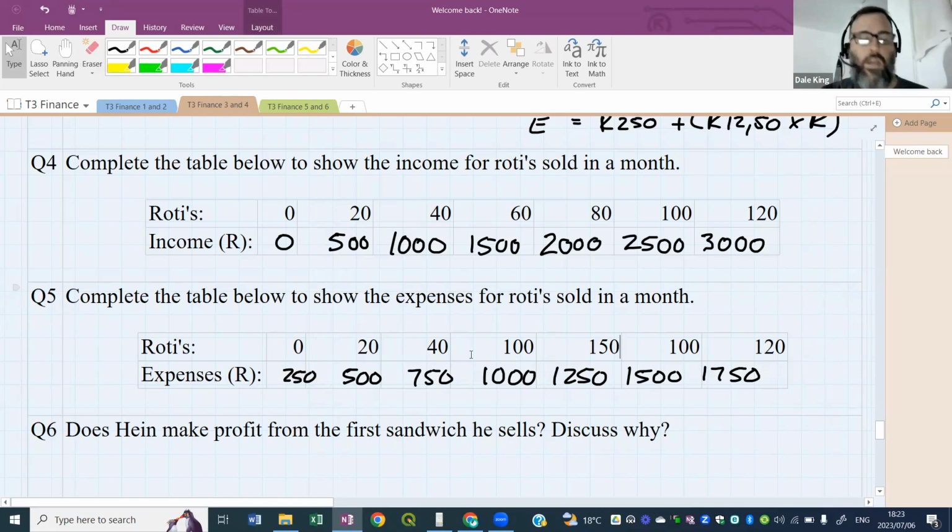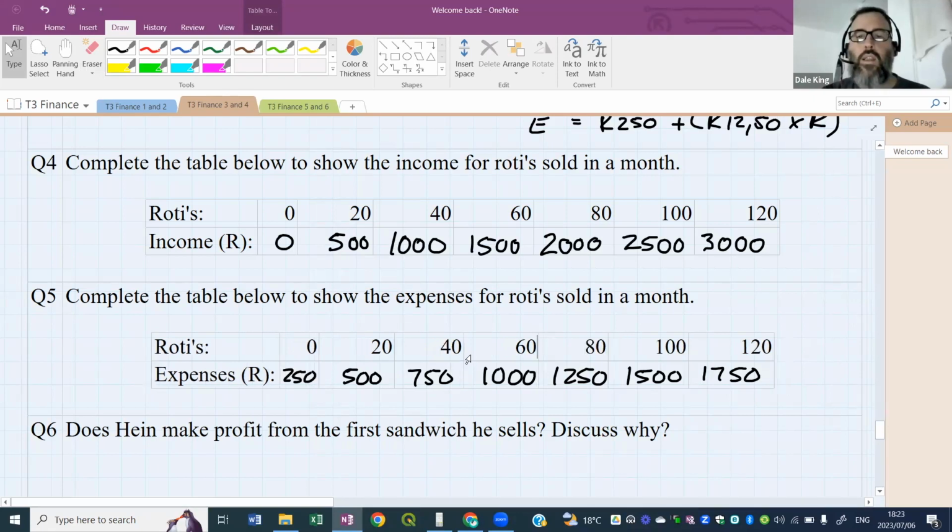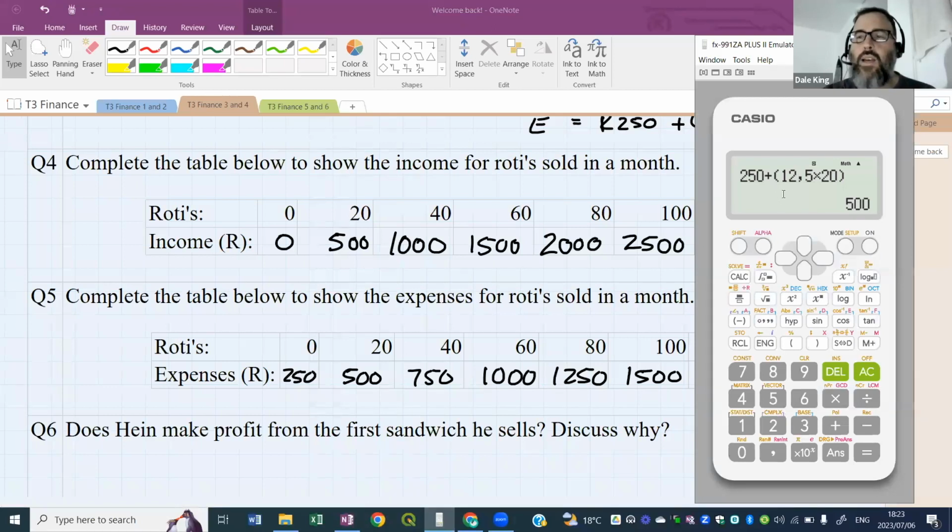Okay, so it is easy to see a pattern in the answers and then write the next one according to the pattern. But I promise you in the exam, they change these numbers and then you get caught. Okay, so be careful. Use the equation on your calculator. Have the equation there and type it in and just change that value every single time to make sure you're going to get it right.